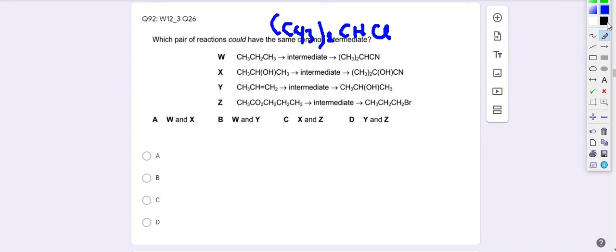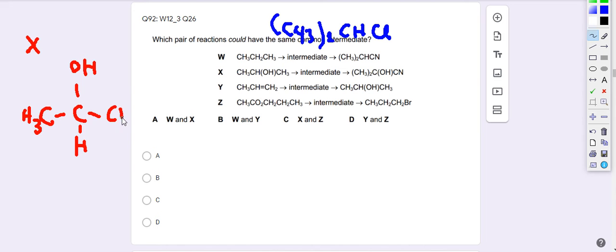Now, the next one will be X. Reaction X, we start with this alcohol. So this question is about how well you know all the reactions in the AS syllabus organic chemistry.